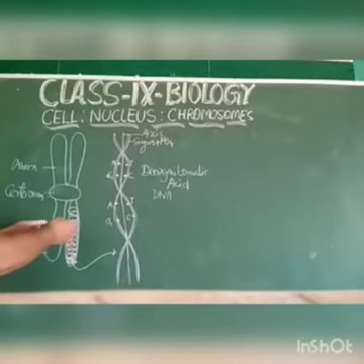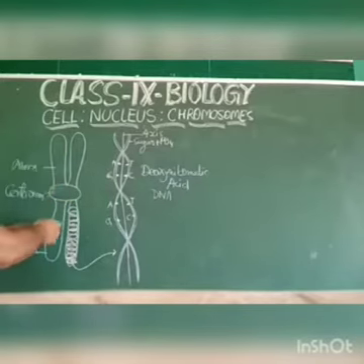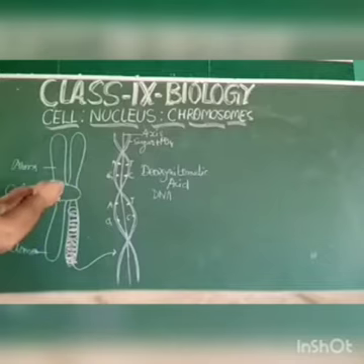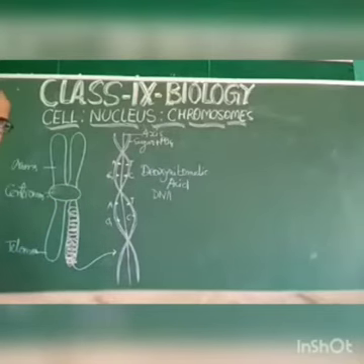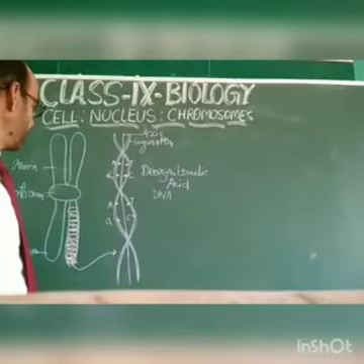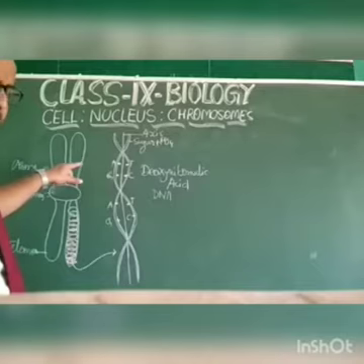And when these two arms unite together at the centromere, a single chromosome is formed, and the chromosome is always formed in a double structure, in a pair structure, like XX and XY.